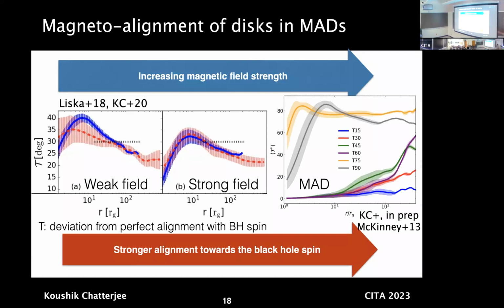And in the case of a MAD setup, you get perfect alignment always, even though the outer disk is misaligned. But of course, there are these two cases for very large misalignments where this does not happen.